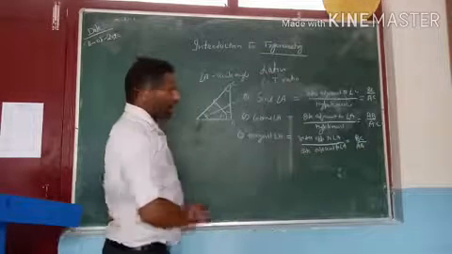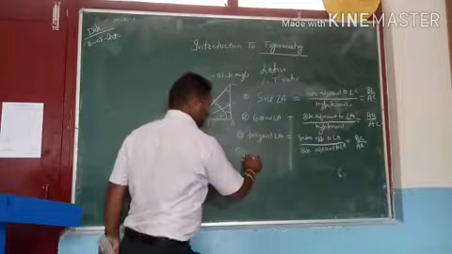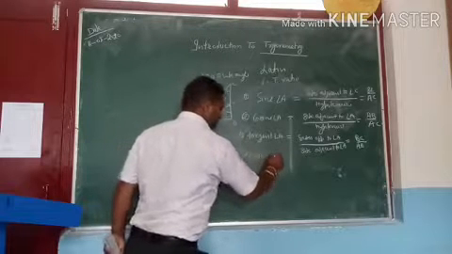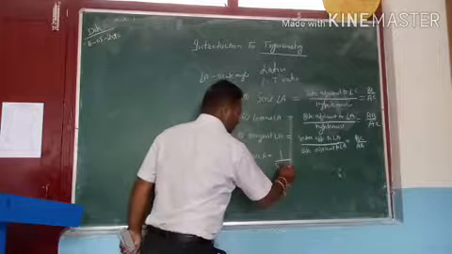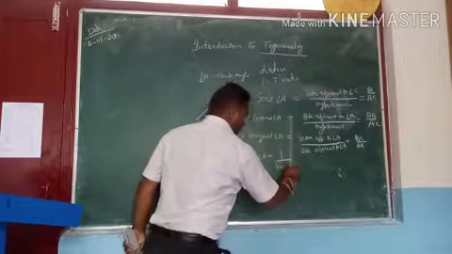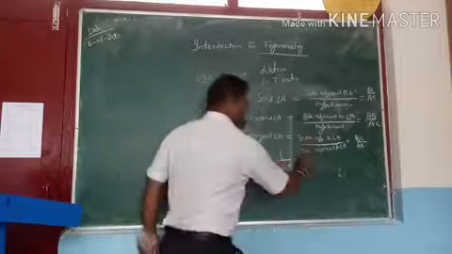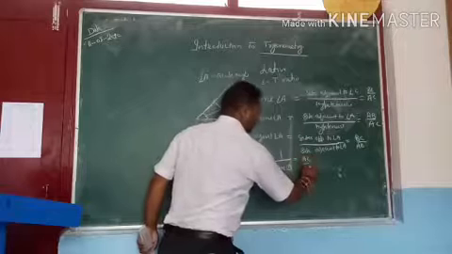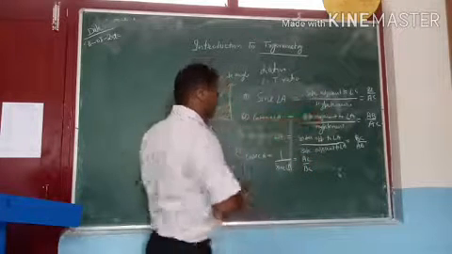After that, the fourth is cosecant A. It is the reciprocal of sine A, so it is AC upon BC, meaning hypotenuse upon the side opposite to angle A.